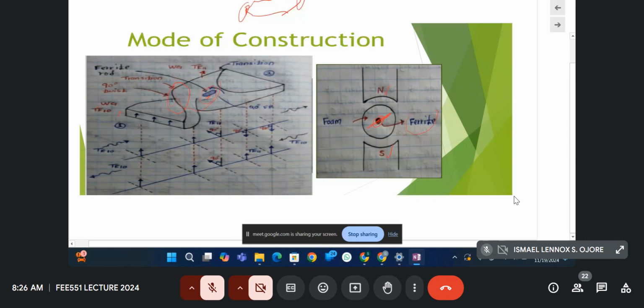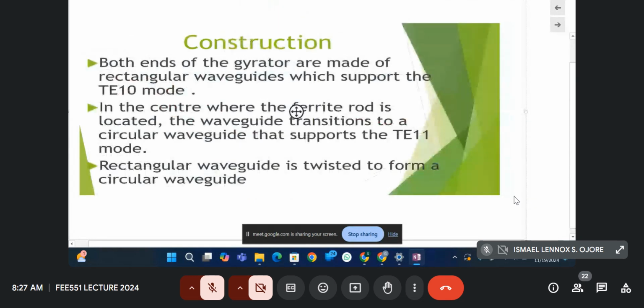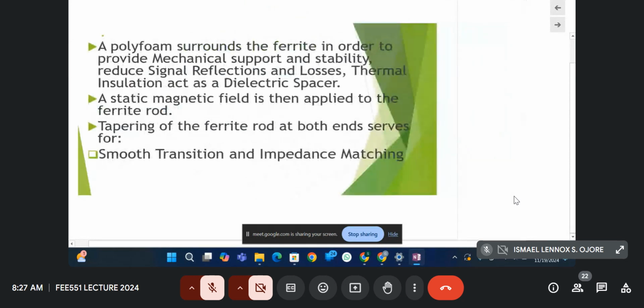You need to transition smoothly and gradually from air to the ferrite material. That is why we need to taper it to reduce the reflection. So I think I've talked about all that, the polyfoam.